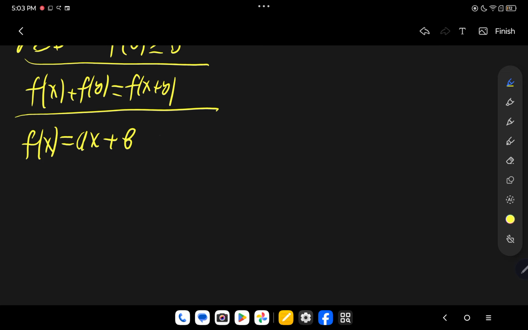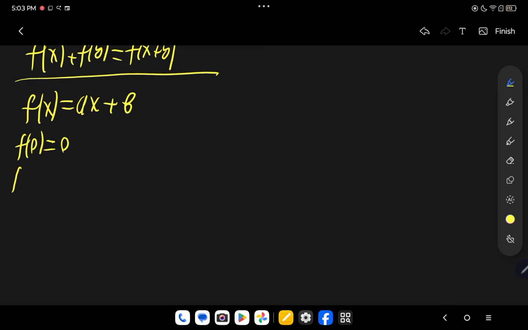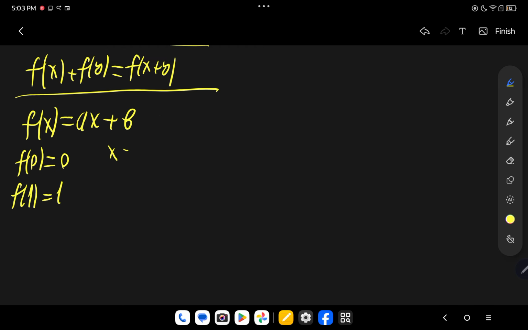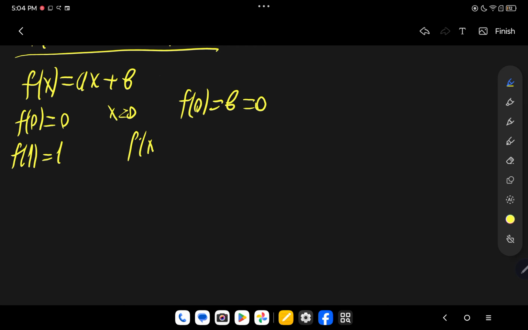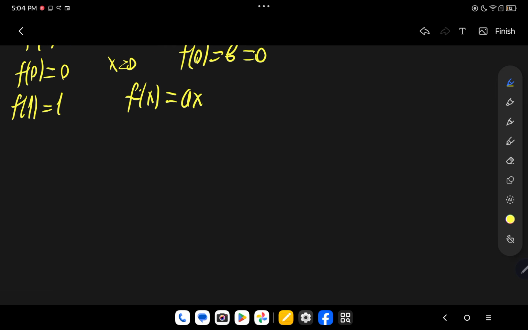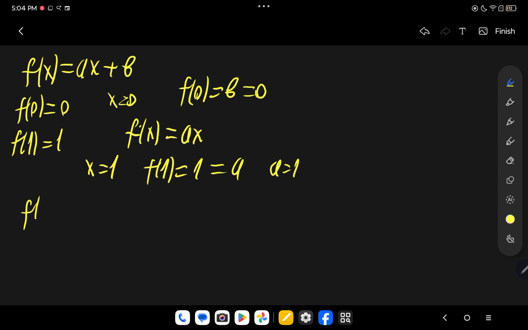And to find a and b, we will use that f(0) is equal to 0 and f(1) is equal to 1. So if we put x equal to 0, we get f(0) equals b, which is equal to 0. So we know that f(x) is like this. And if we put x equal to 1, we get f(1) equals 1 and equals a. So we know that a is 1, so we get f(x) equals x.